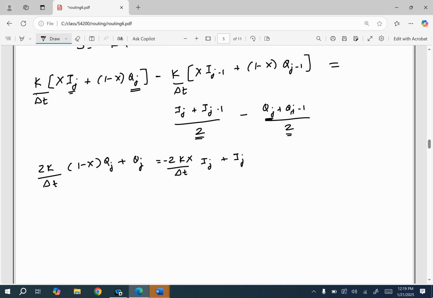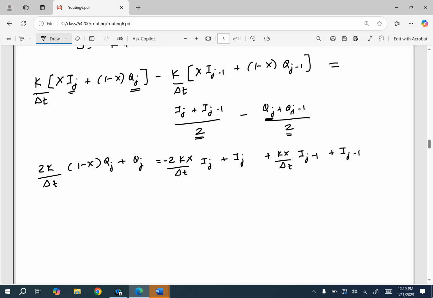Okay. And then we will write an expression for Ij minus 1. So Ij minus 1 is negative on the left hand side, so this will become positive. So this will be kx over delta t times Ij minus 1, and this is positive Ij minus 1, so this will stay positive Ij minus 1.